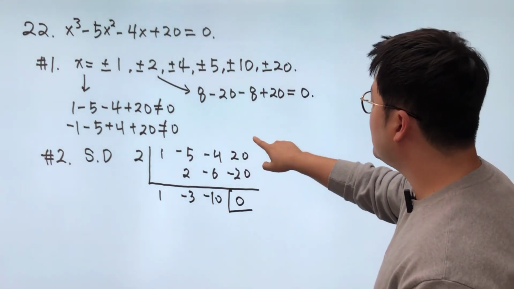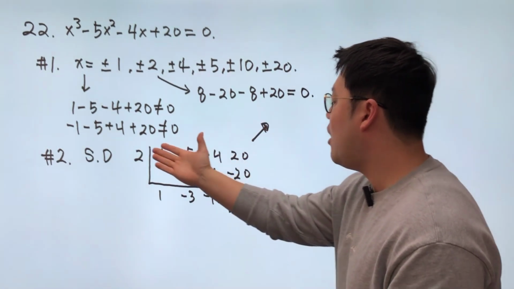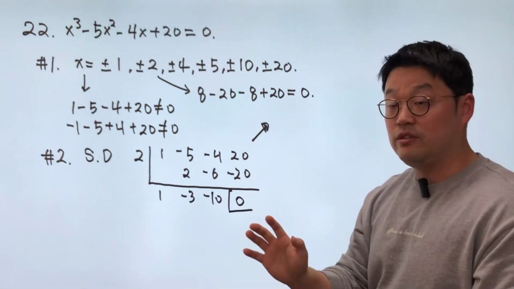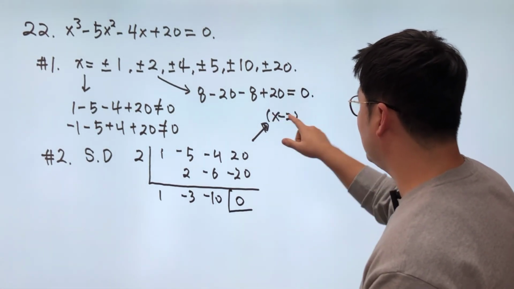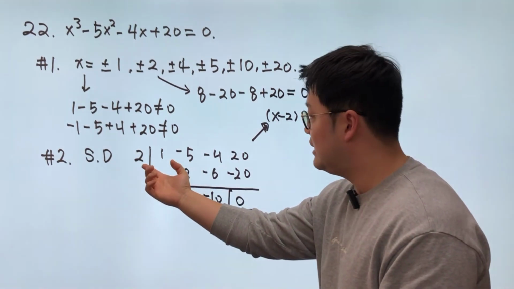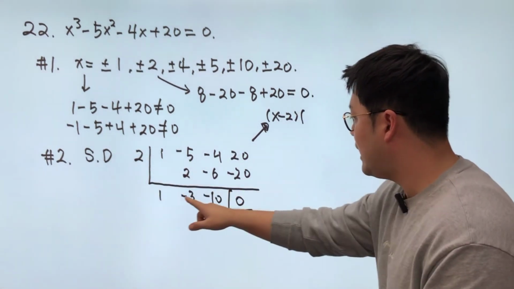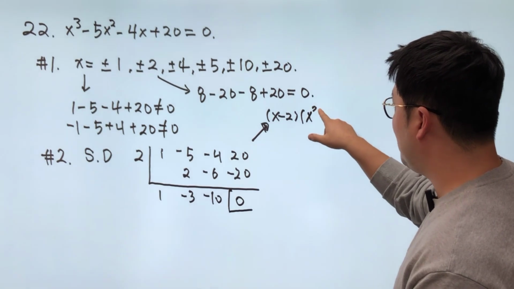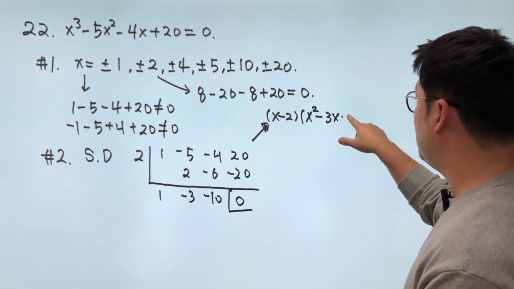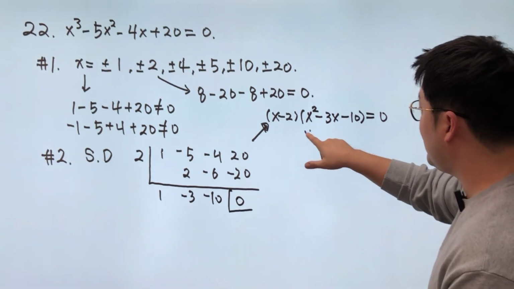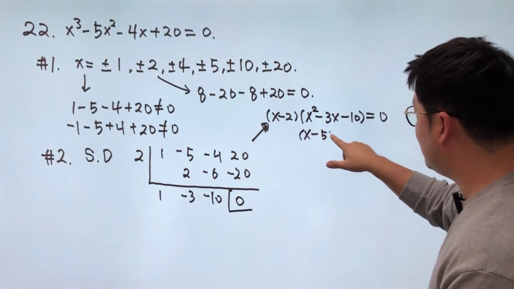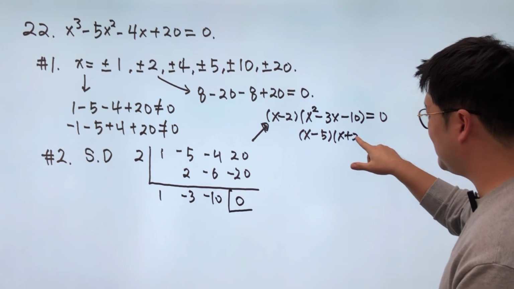So we write this in a nicer form. We multiply x minus 2, because that was the factor, which is how we translate that 2, by x squared minus 3x minus 10 equaling 0. That factors into x minus 5 and x plus 2.